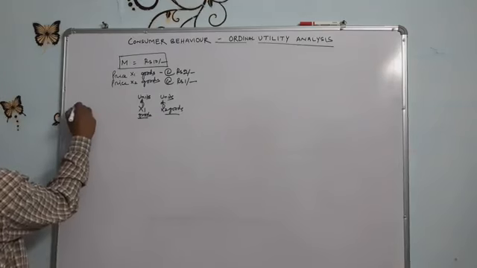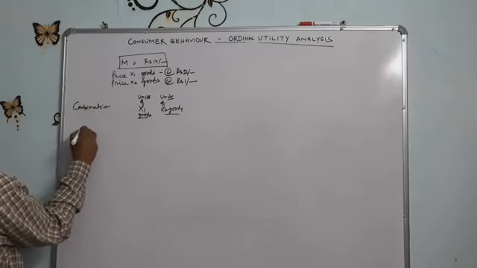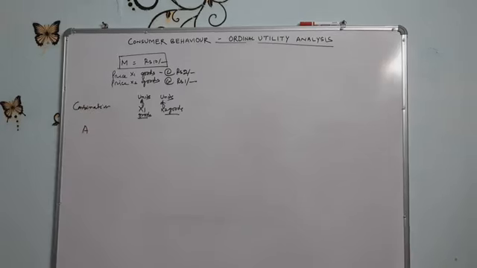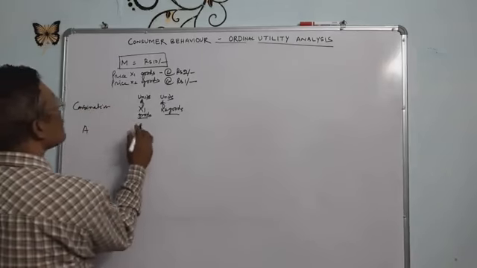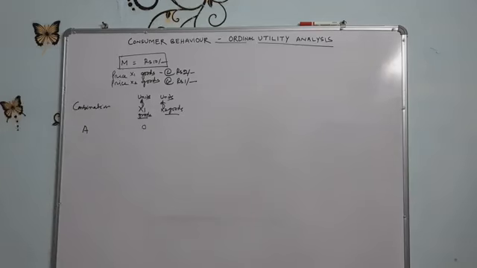The first combination, combination A: if he does not purchase good X1, that is 0 units, then how much of X2? 10 units.